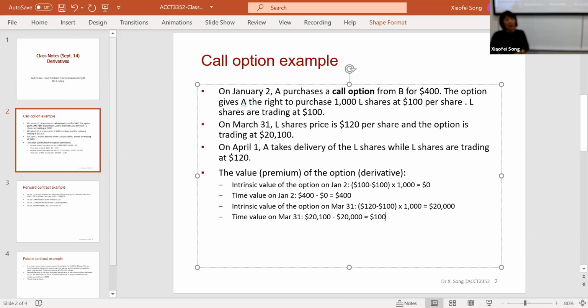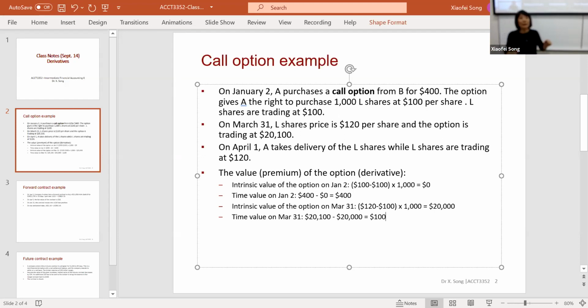Executed, right? So if you exercised when the price is still 120, what happens is you will be able to buy the shares for $100 per share. So you realize the value will be 20,000, not 20,100. Make sense?